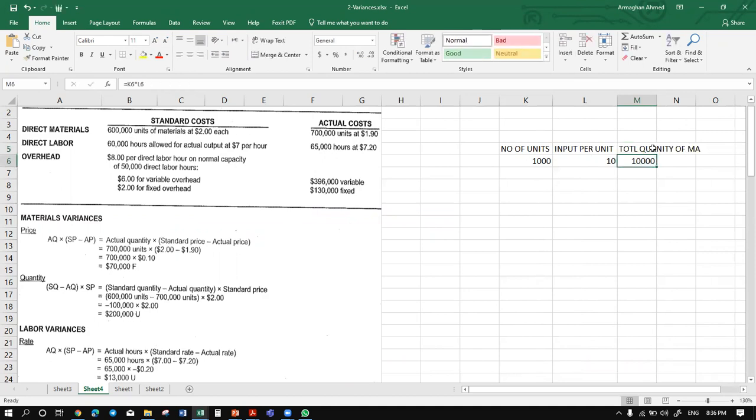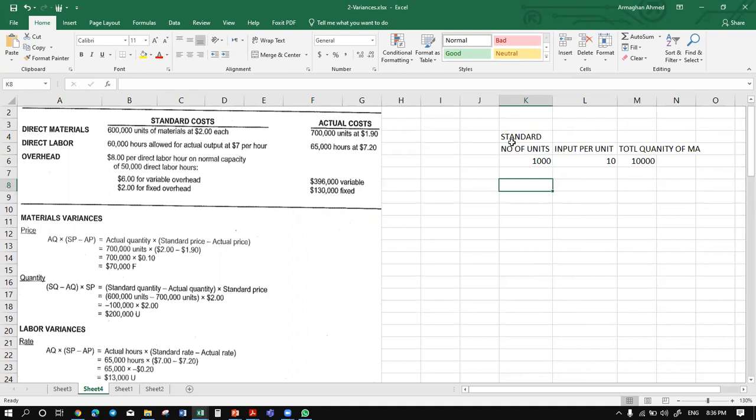So number of units you're making, 1,000, and input 10. So it becomes 10,000, right? This is the standard data.